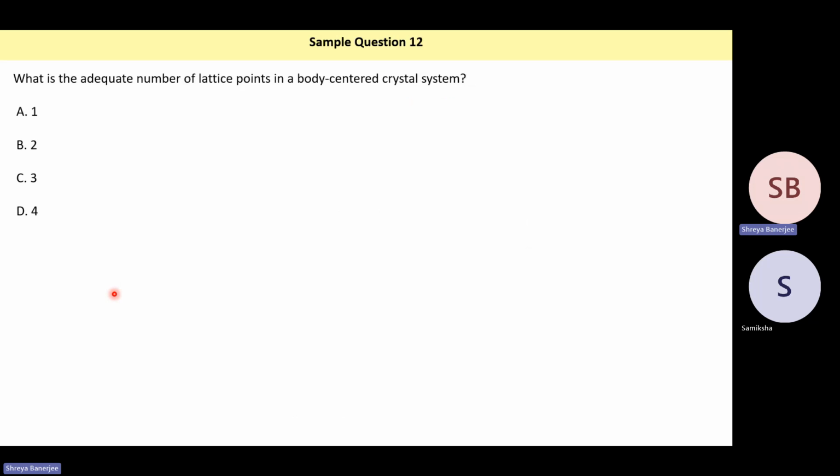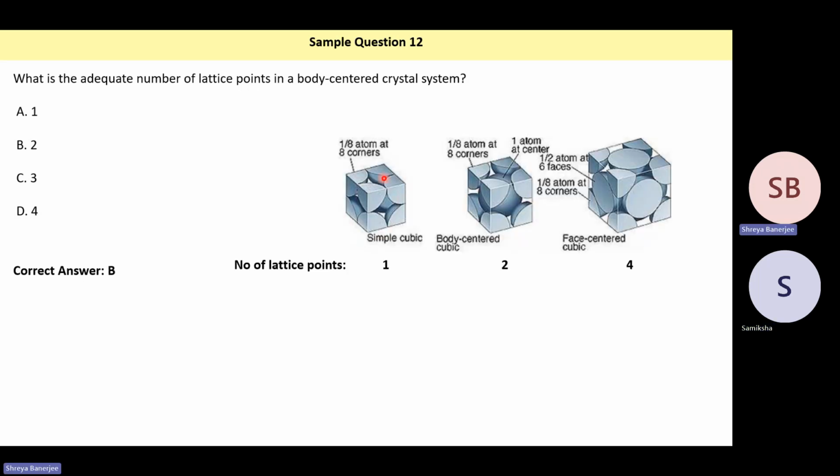And this is asking what is the number of lattice points in a body-centered crystal system? Body centered, there will be 8 at the corners, but in body center, it will be only one in the body. See, the question is about the number of lattice points, it means whole points.